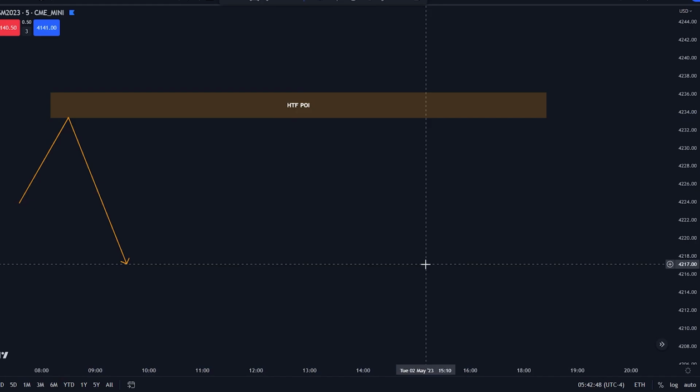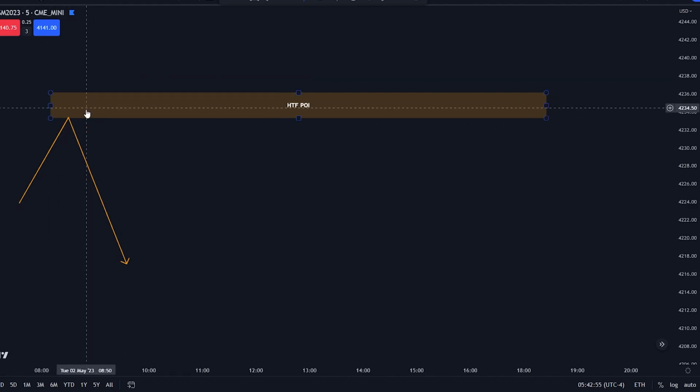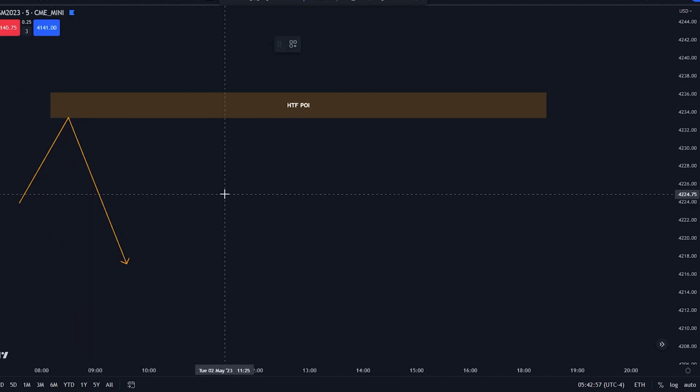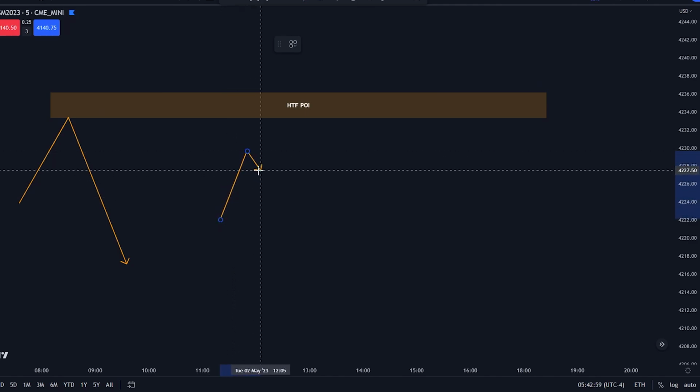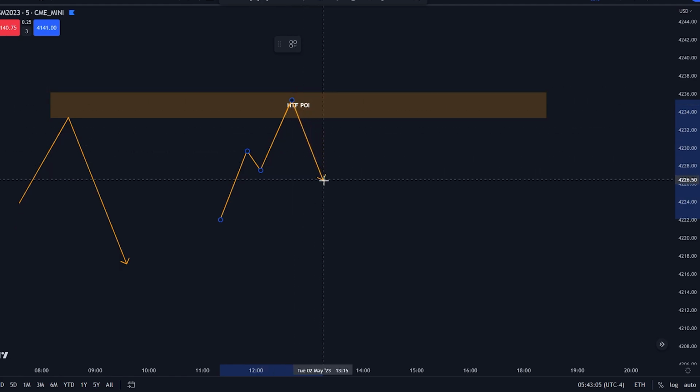So this is our higher time frame point of interest. And why? Because we have this higher time frame high, which is also the liquidity. And what we are waiting for is for the price to break into our point of interest. Then we wait for market structure shift.